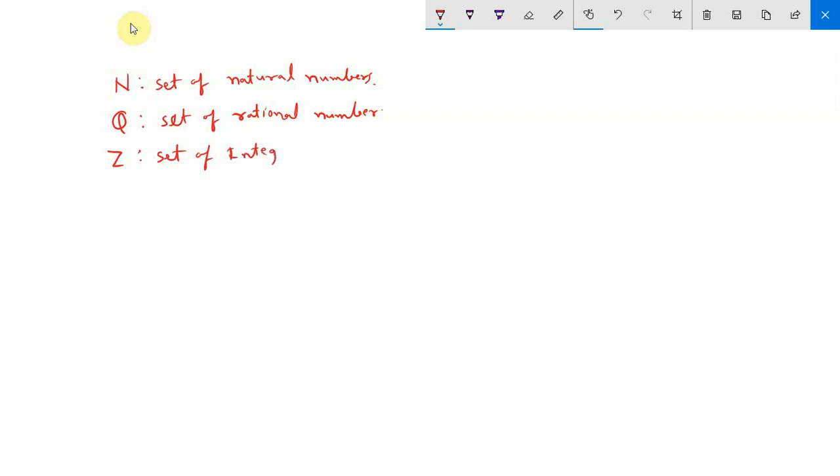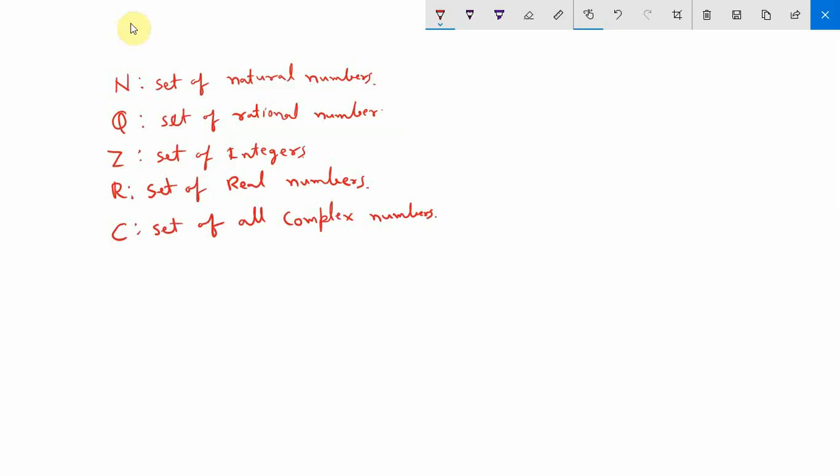Then R is set of real numbers. Then C we can define as set of complex numbers, all complex numbers.